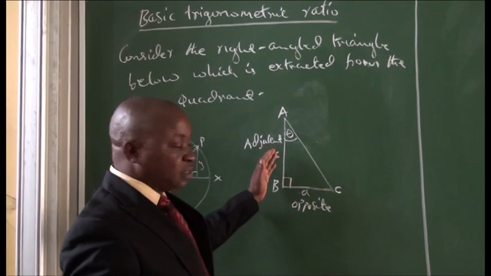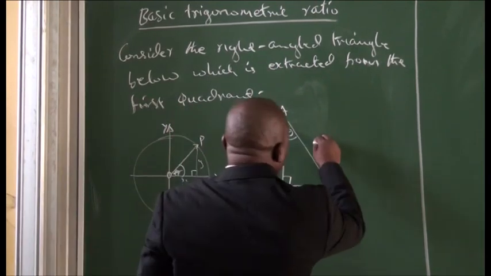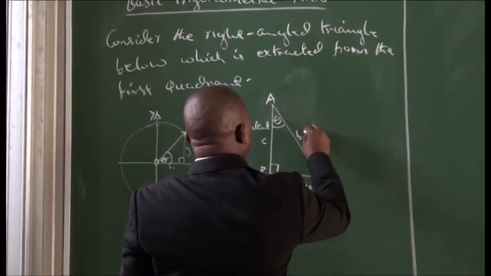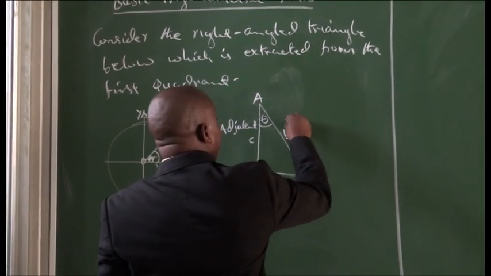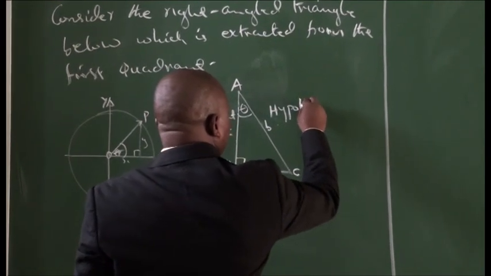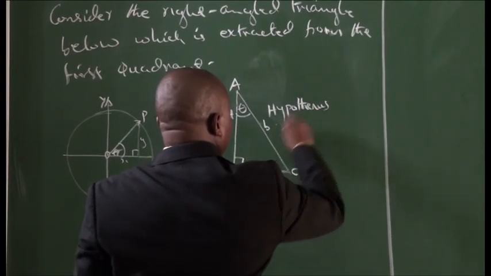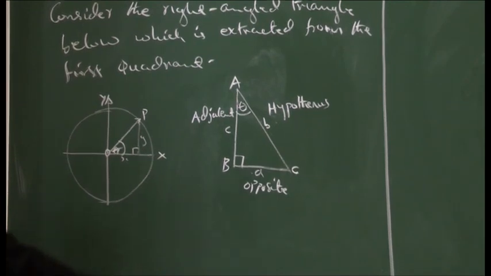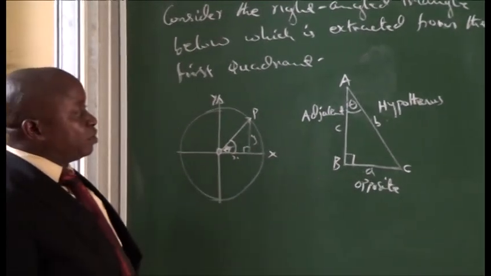Adjacent means side to theta. Then we also have this side B, which is the hypotenuse. Okay, so this is the right angle triangle.